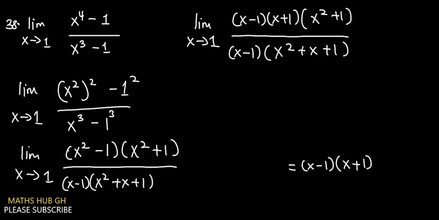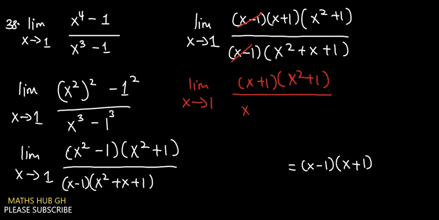Now we can do the cancellation. This and this will cancel out, and then at the end we are going to have the limit as x approaches 1 for x plus 1 multiplying x squared plus 1 divided by x squared plus x plus 1.